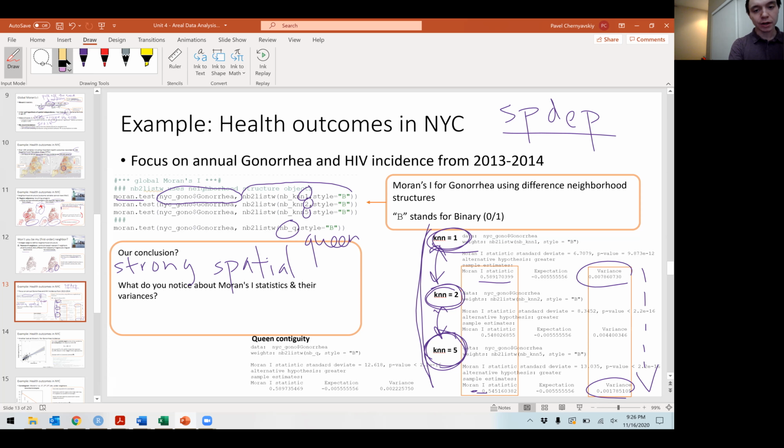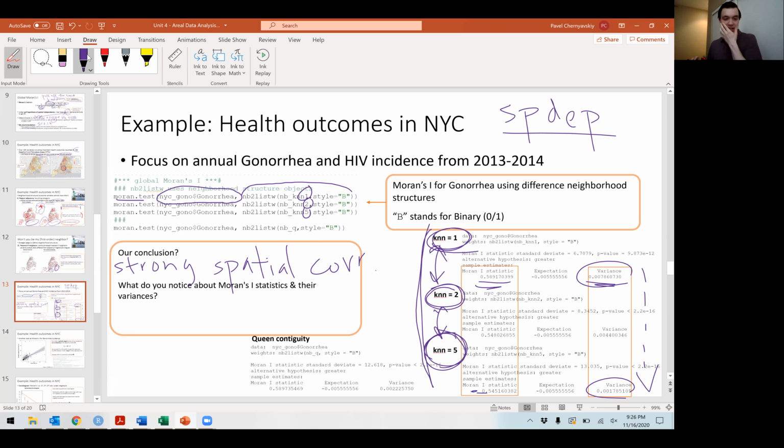And I'm saying strong because of the magnitude of Moran's I. It's bounded between -1 and 1. 0.589, 0.48, 0.45 are pretty strong. And those p-values are all teeny tiny. So I'm not even looking at the p-value. I'm looking at the Moran's I relative to its variance, and it's quite large relative to its variance. Strong spatial correlation. We expected it by looking at a map.